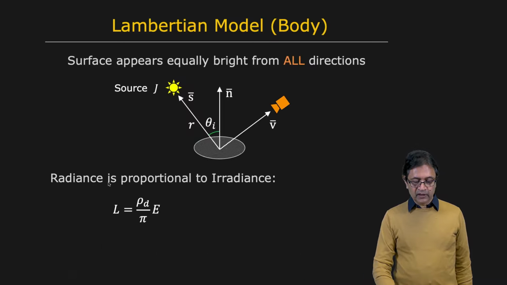And we know from our radiometric concepts that the irradiance is J cosine theta_i, where theta_i is the angle of incidence right here, divided by r squared, the distance of the source from the point. That's the definition of irradiance. So that's J cosine theta_i divided by r squared. Cosine theta_i can be written as n dot s, where n is the unit vector in the direction of the surface orientation, and s is a unit vector in the direction of the source.